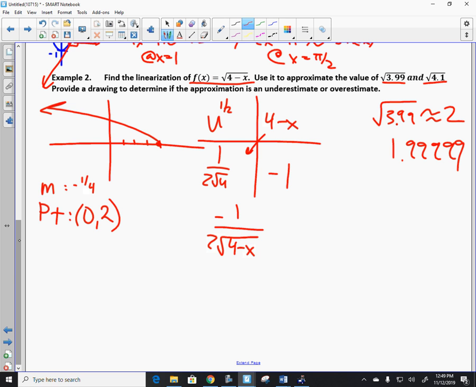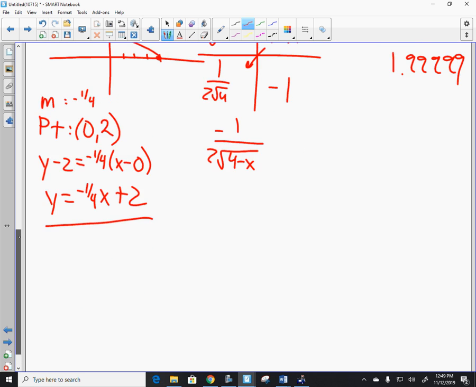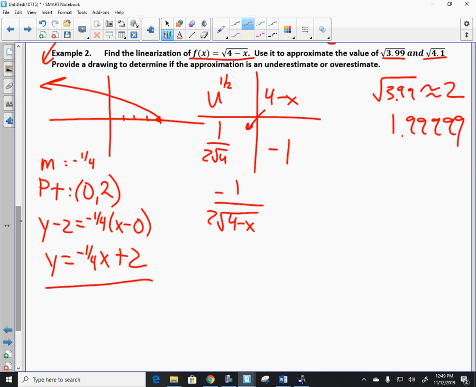So it turns out that I have y minus 2 is equal to -1/4 times x minus 0, or y equals -1/4 x plus 2. That's the linearization.